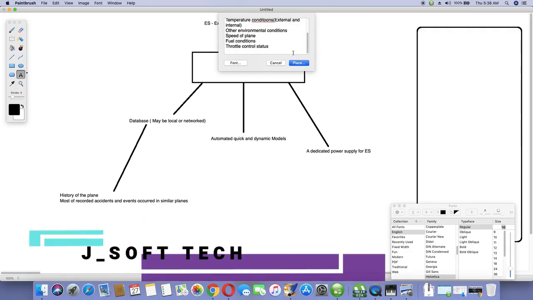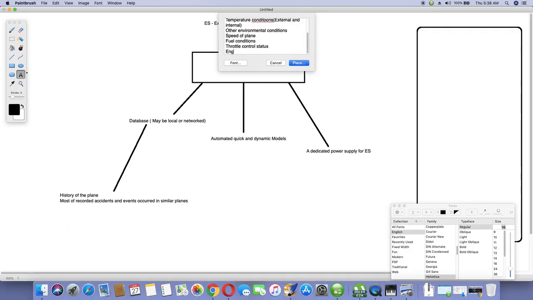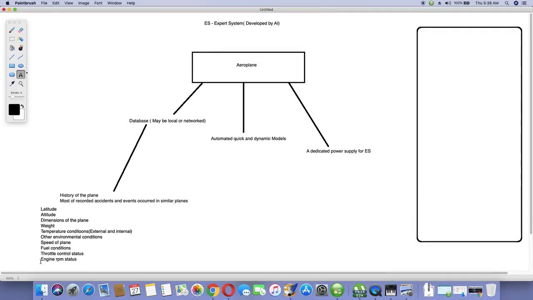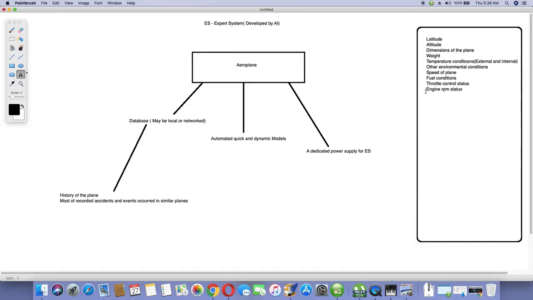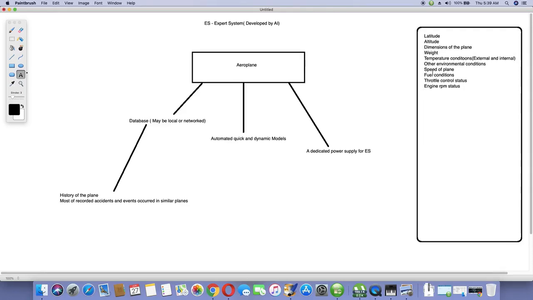And the engine RPM status, and such kind of things, because I'm predicting for these days. Mostly they may not be using those, but I logically think there should be some kind of facts there, and so these attributes should be monitored by that AI system.